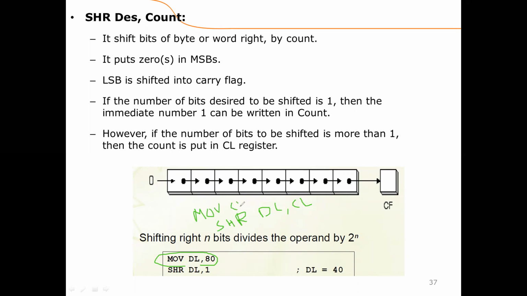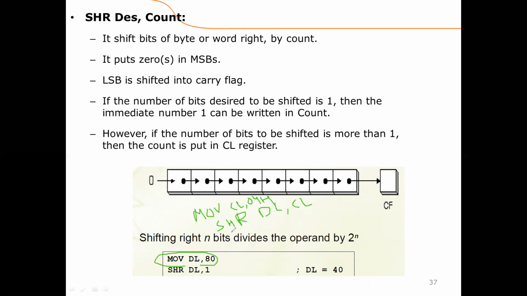Move CL, if I want to shift it 4 times, then I need to write 04H, or if I want to shift it 2 times, then I can write 02, or any count I can mention.